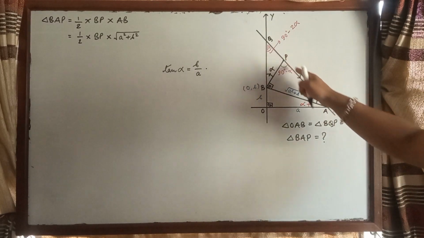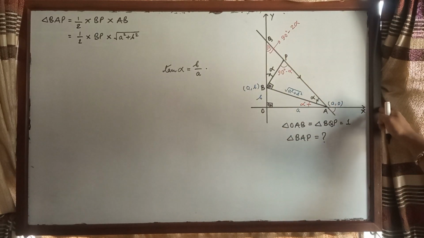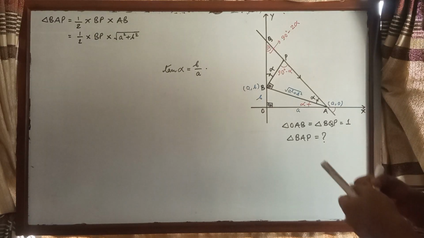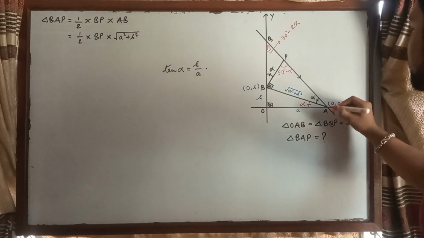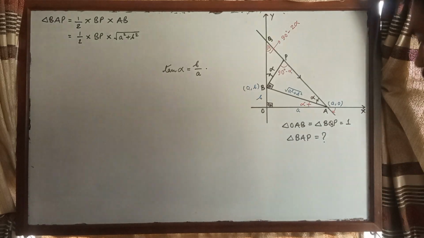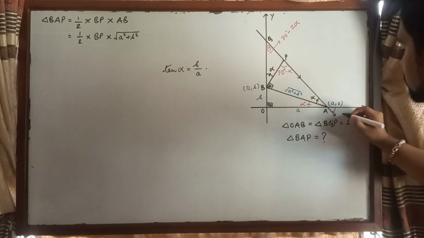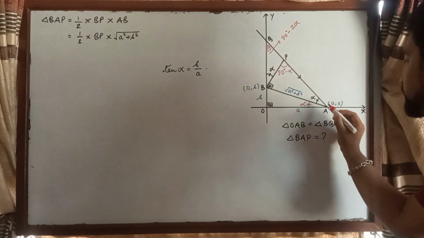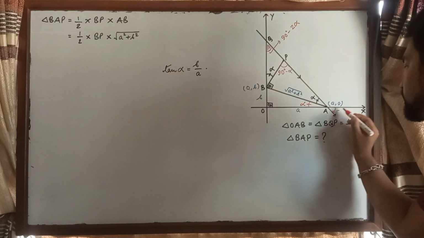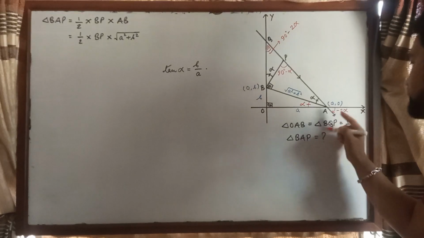So the angle between this vector and the x-axis is this much. The magnitude is 2 alpha.